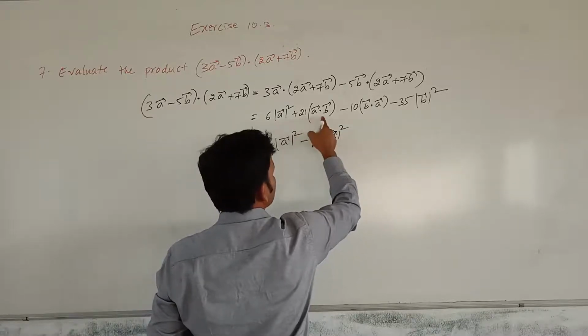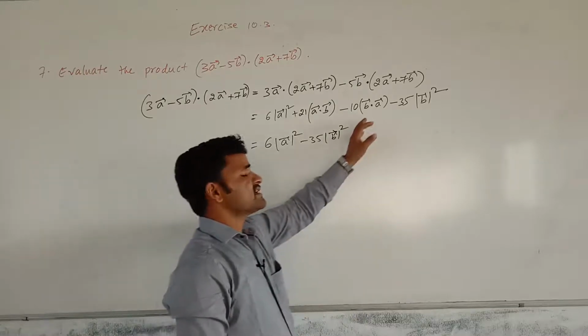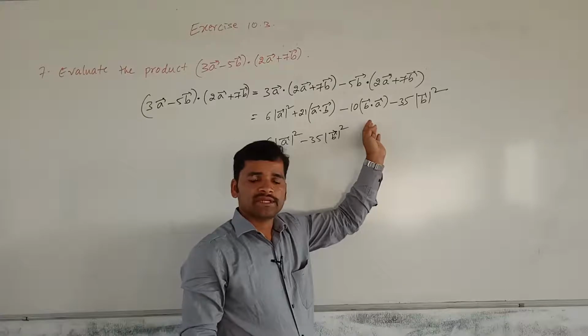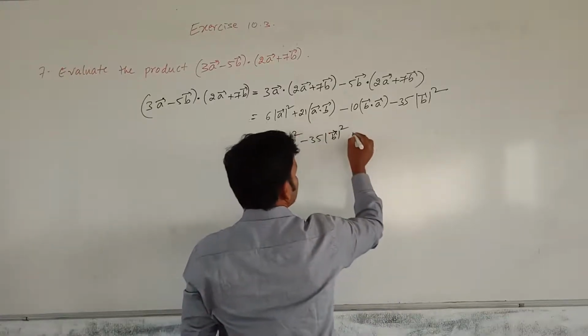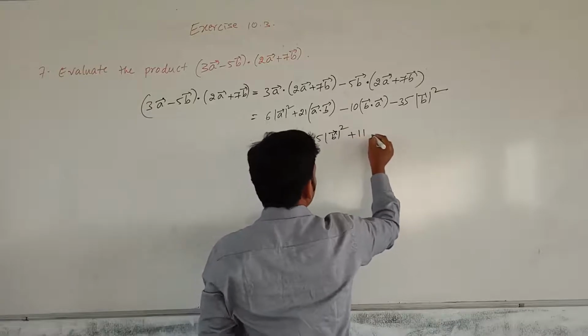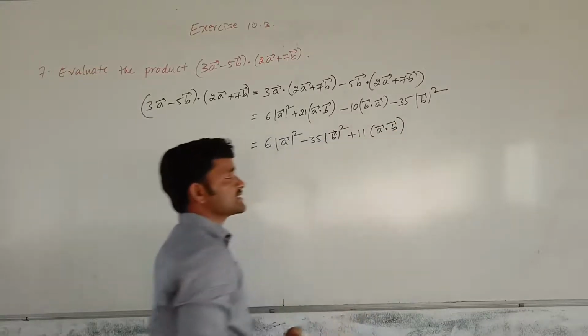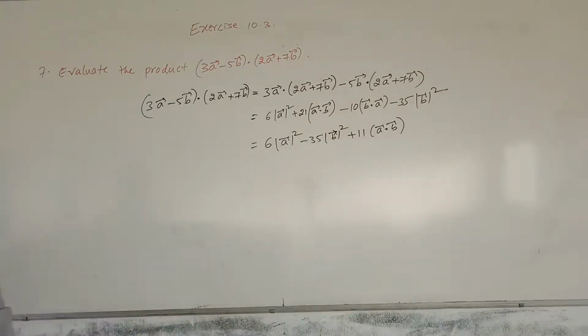Here 21 times A dot B, here minus 10 times A dot B. It is B dot A, but as it is commutative, B dot A is same as A dot B. Okay. 21 minus 10 times means it is plus 11 times A dot B. This is the answer for evaluating the product.